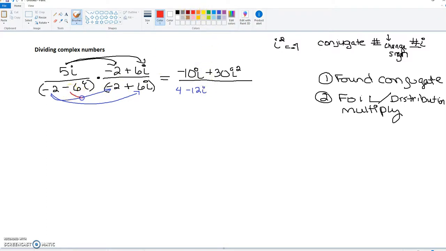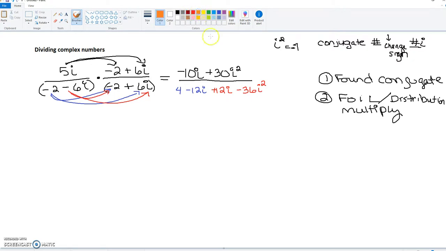And then we have -6i times -2. So that's positive 12i. And then -6 times a positive 6 gets us -36i squared. Remember, we've got our i's being multiplied also.